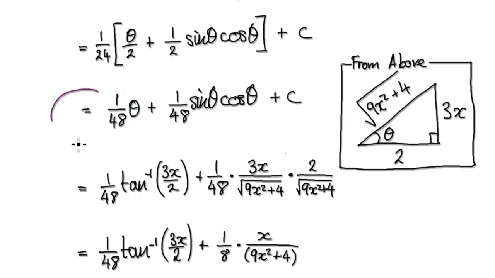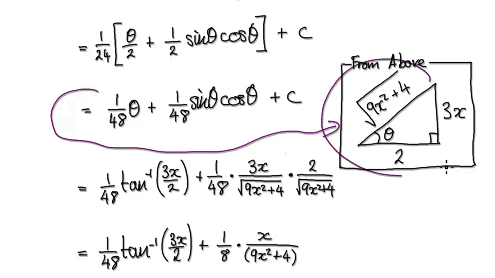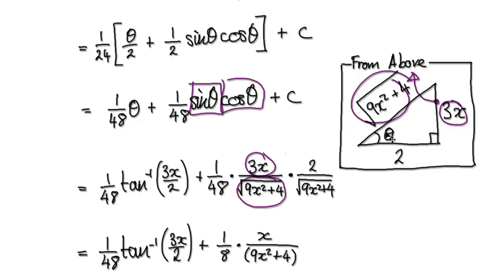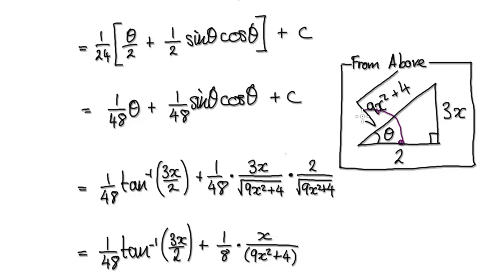So going back to the original diagram, which was our triangle here. If you look at sine theta, sine would be this. So it would be opposite over hypotenuse. If you look at cos, cos would be this.